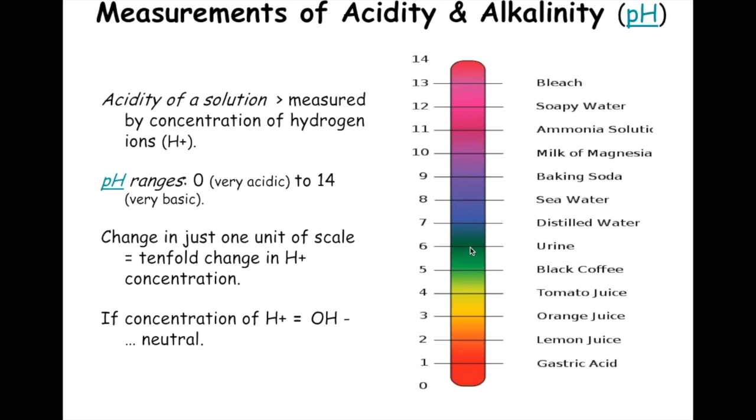And then coffee has 100 times less hydrogen ions than orange juice, or orange juice has 100 times more hydrogen ions than black coffee. Lemon juice would have 1,000 times more than black coffee. And gastric acid, that's your stomach acid, that would have a 10,000, because here we go, 10, 100, 1,000, 10,000 increase in concentration for hydrogen ions.